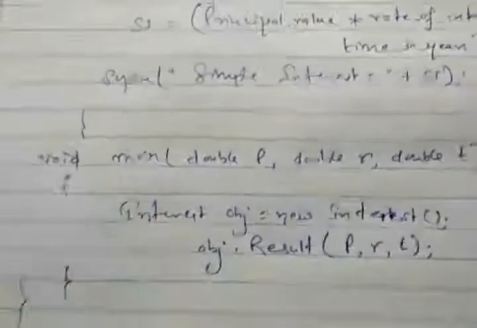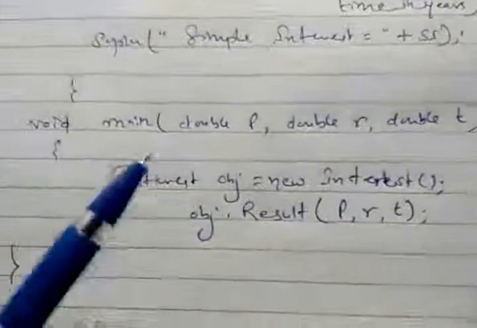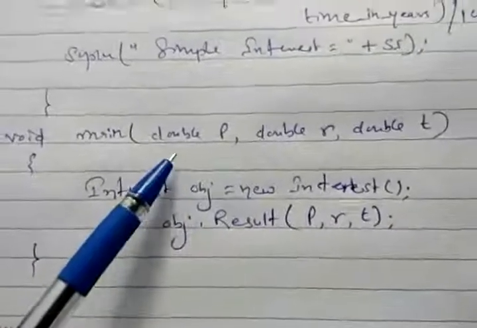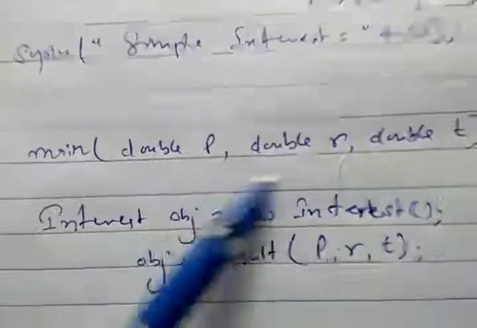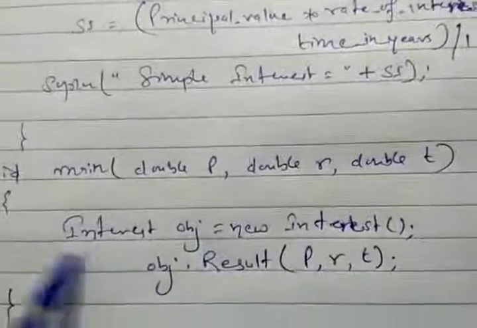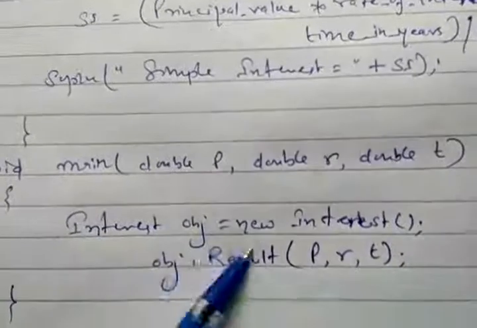In this we have to create a calling function. So there is a main function. We require three parameters for calling the above function. So here we are taking p, r and t, and the data types of these should be similar to the above function. The class name is interest, so interest obj equals new interest.